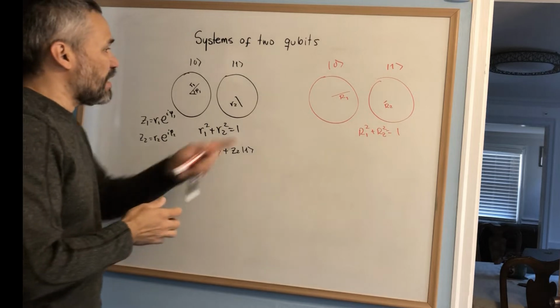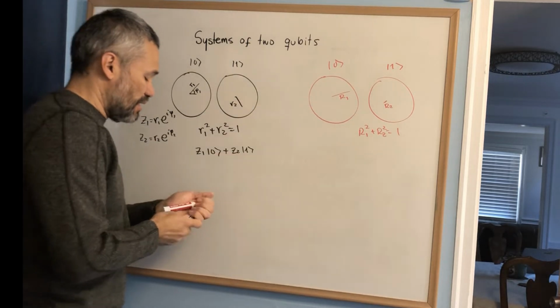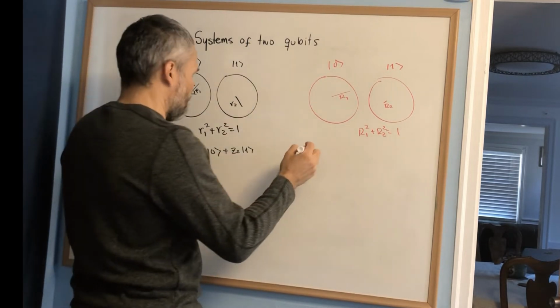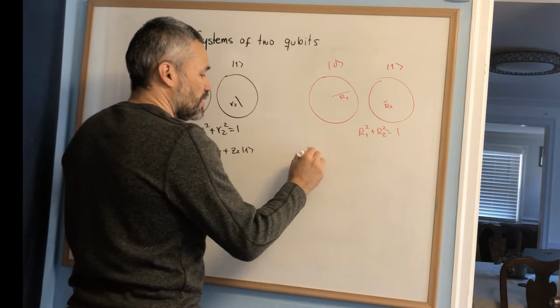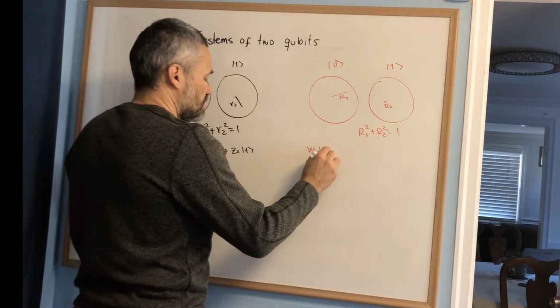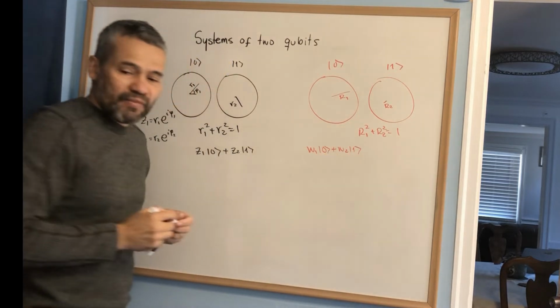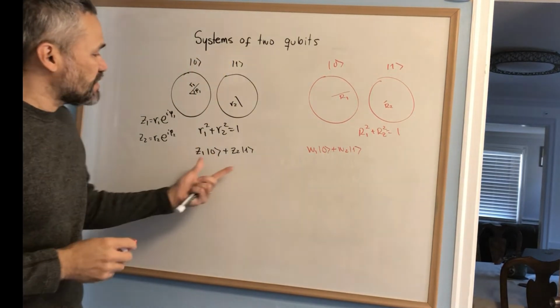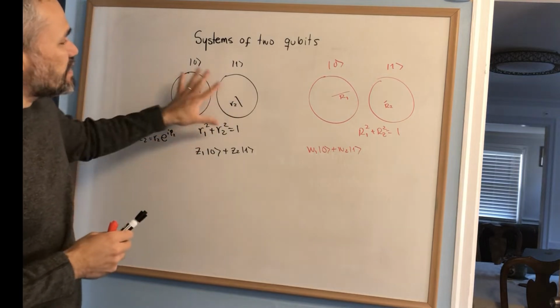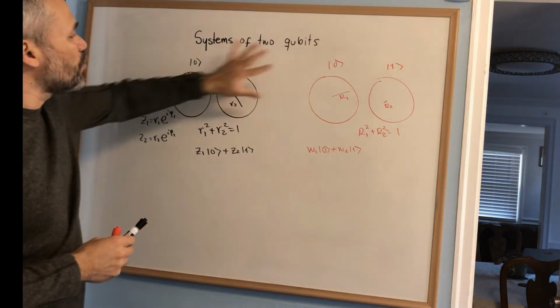Same thing here. This state can be written as W1 0 plus W2 1. Then how do we represent this state made by the two qubits?